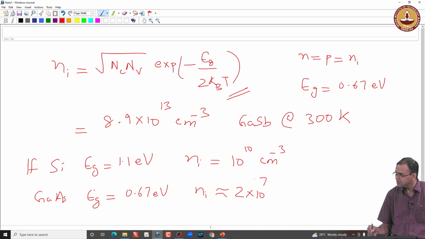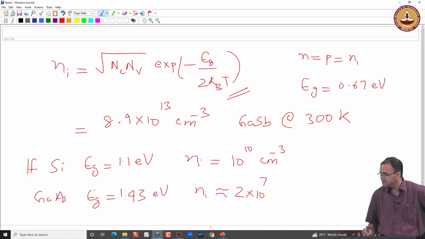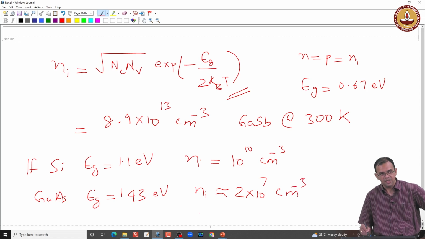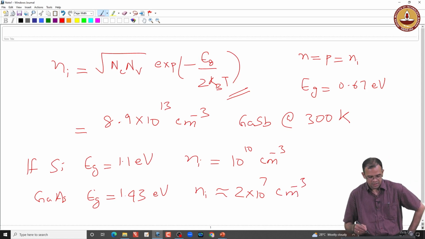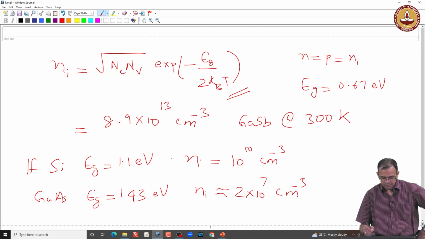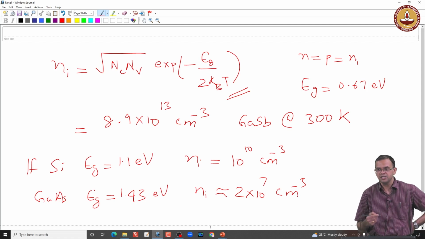The 10 power 7 for gallium arsenide, do you remember the value? Oh yeah, sorry. So let me erase that. So Eg is 1.43. So it's around 10 power 7, right, for gallium arsenide. Yeah, I don't remember the number. So that's why I put this approximate sign. So larger the band gap, essentially lower the value of Ni is.